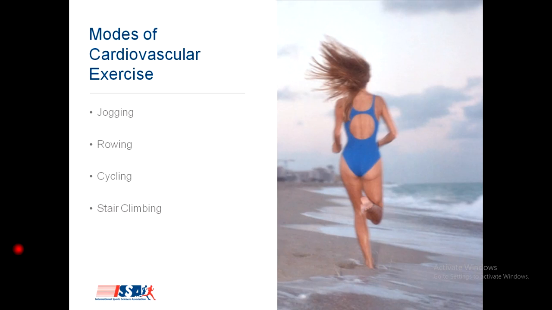The rowing machine works the upper body, as well as the lower body, 65 to 75% lower body work, and 25 to 35% upper body work. Stair climbing is safe, time-efficient, functional, and the most popular method of gym aerobic work. If your client likes to walk, jog, or run, a treadmill provides a very safe method of cardiovascular exercise.